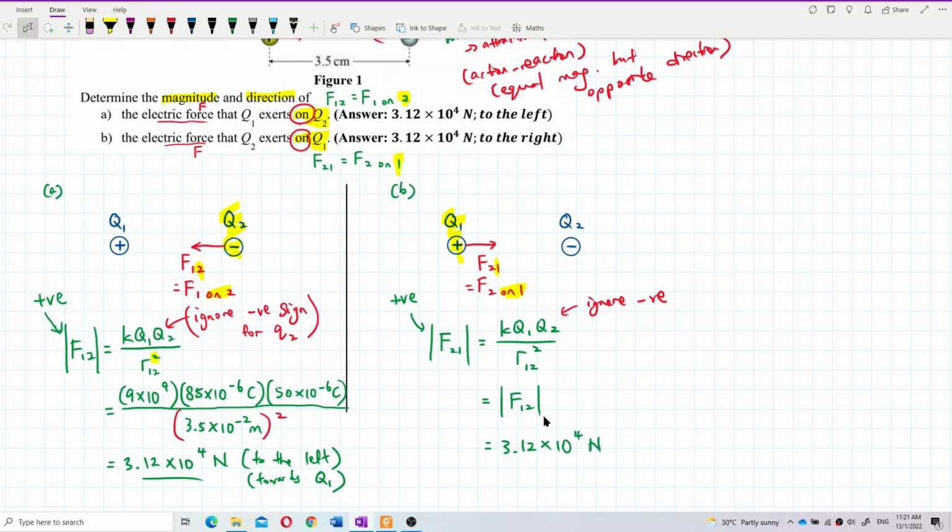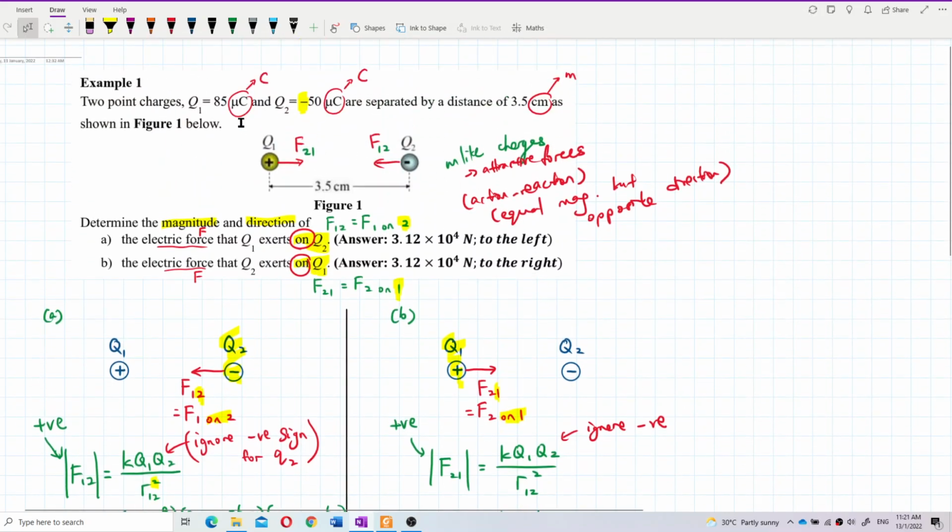They attract each other with the same magnitude. Although we know that Q1 is a bigger charge and Q2 is a smaller charge, these two forces are equal in magnitude. They attract each other with the same strength.